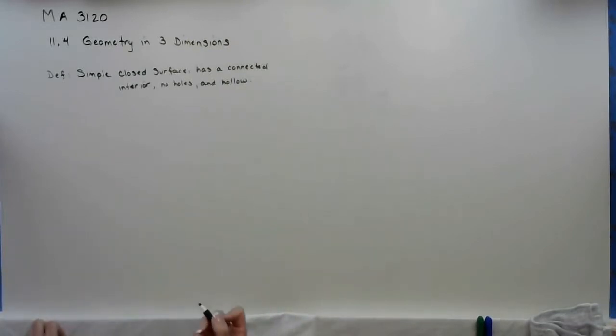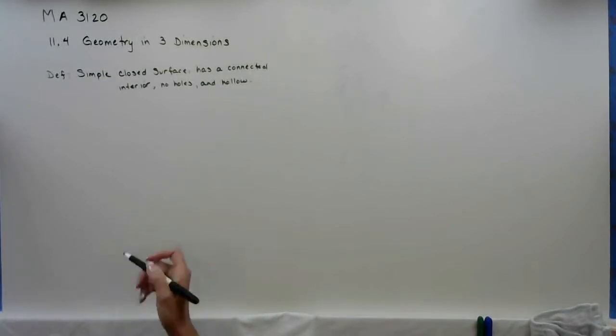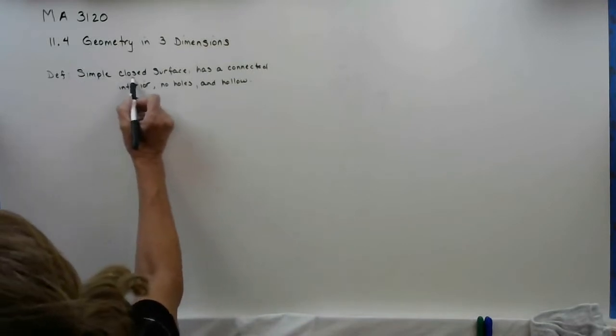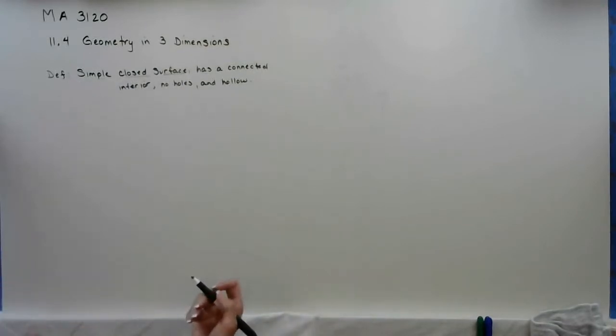So think of a Toblerone box, think of a pipe, a box with no ends, a paper towel tube, something like that. Okay, so it's a hollow, no holes.